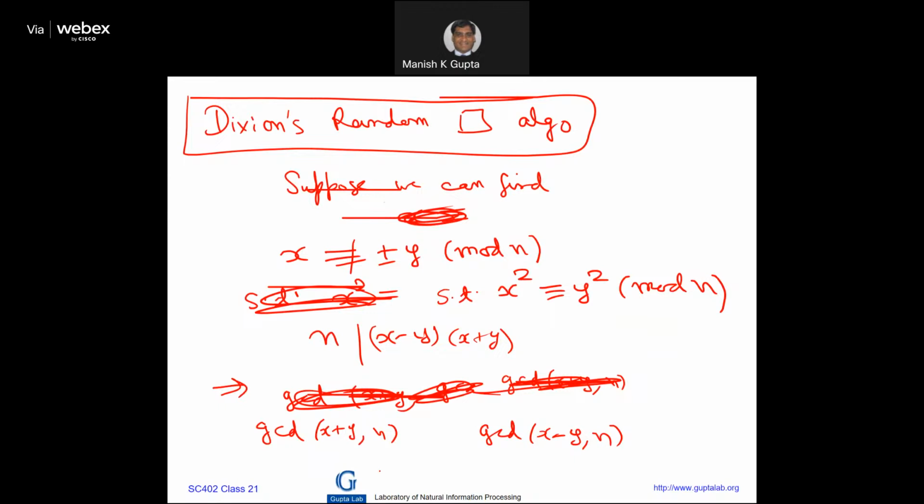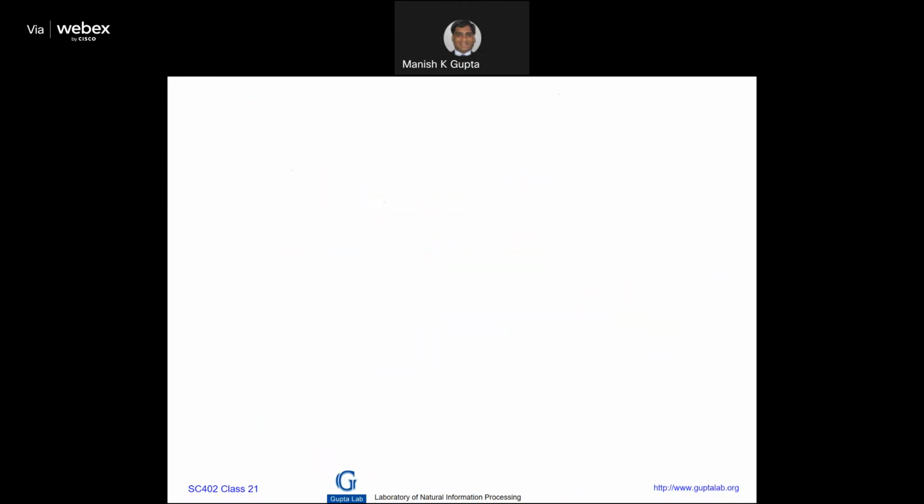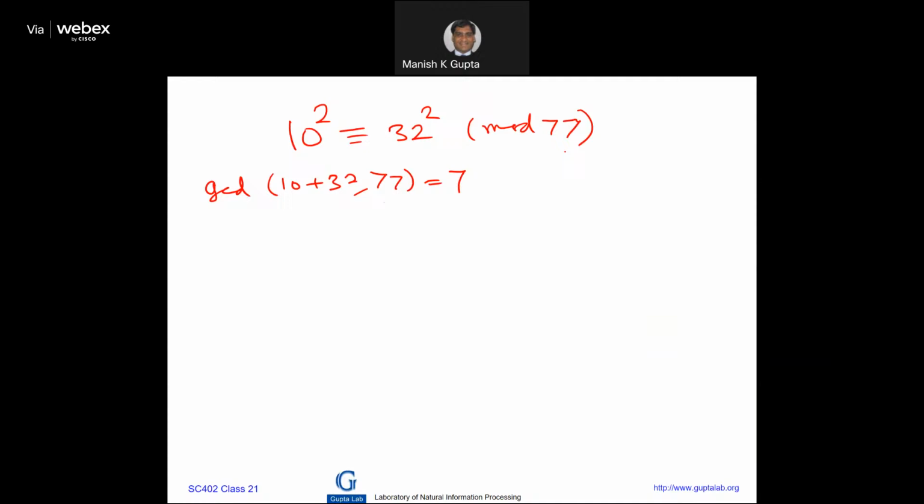These are two non-trivial factors of n. Let me give you an example. We know that 10 squared is congruent to 32 squared mod 77. So I want to factor 77. The GCD of 10 plus 32 and 77 is 7. Therefore, 7 is a factor of 77.